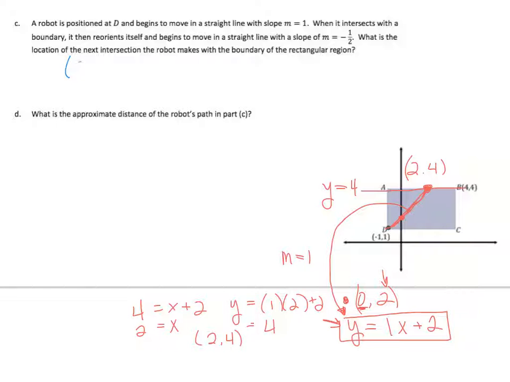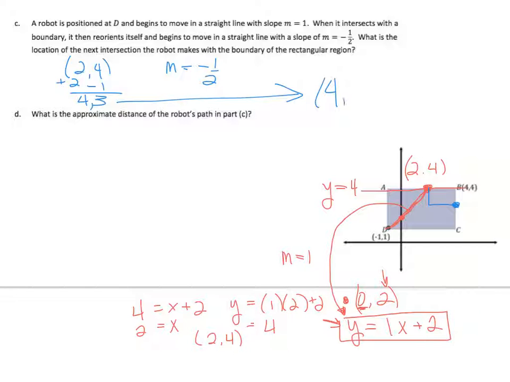Let's see, I'm starting out at 2, 4 with a slope of -1/2. So my rise is going to be down 1, so my y value will change by -1. And my run, so I'm going down 1 and over 2, my run will be +2, which will be a 4. So my ordered pair is 4, 3.